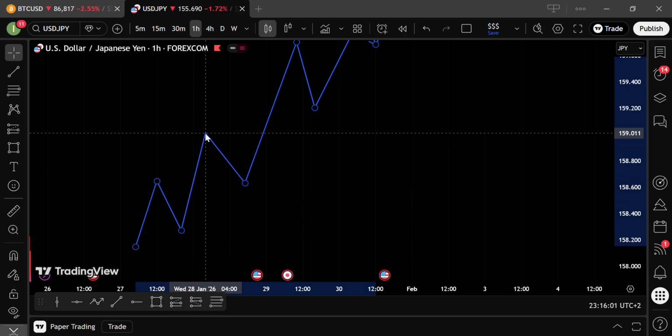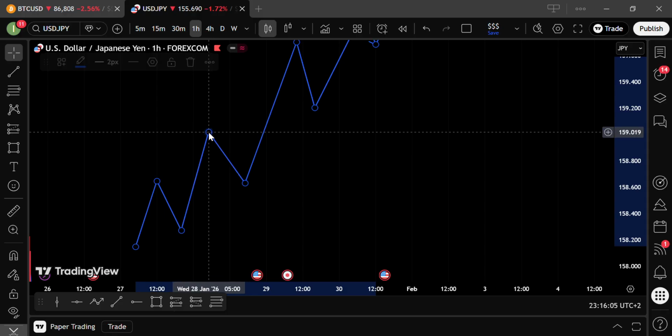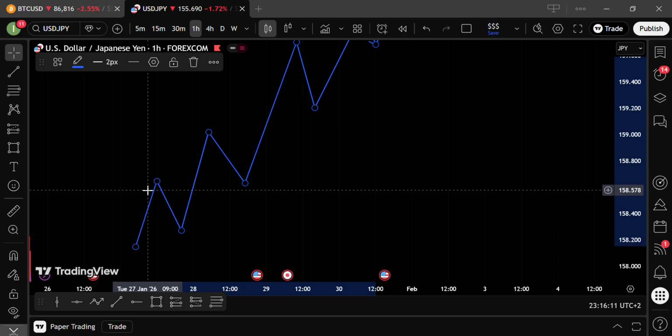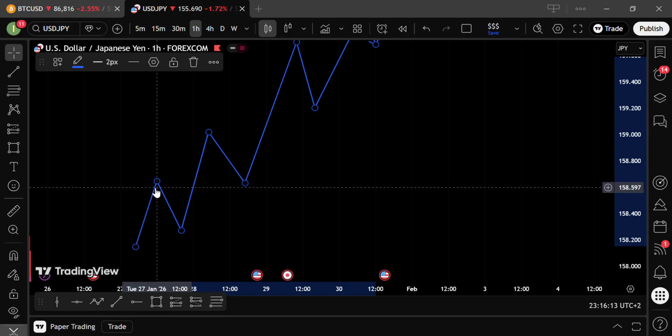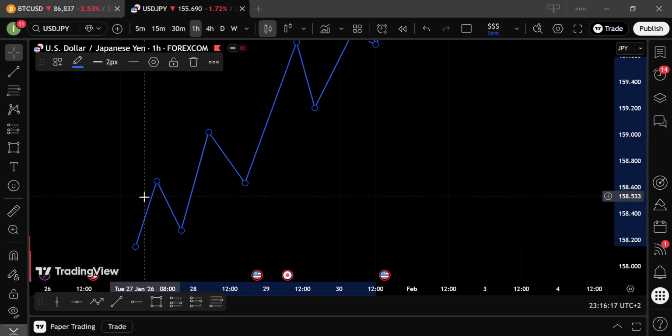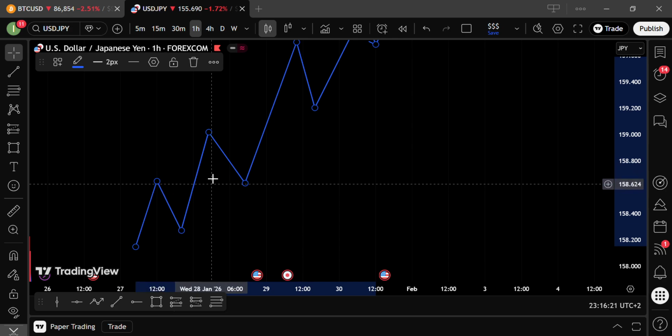The minute price breaks above it, the resistance now turns into support. The law of polarity, resistance into support. The minute price breaks it, this changes into being a support.